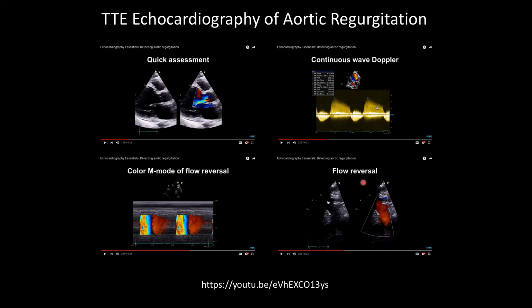If you then go up to the descending aorta, so this is away from the heart now, we're going around the other side and we're looking at the patient's back, right? So far away from the heart, and you get a velocity profile in the descending aorta. Obviously it goes really fast, meters per second while it's being ejected, and then it should just stop, right? And in people like this, you get this blush of negative velocity of the whole thing moving back towards the heart, depending on how much blood is going back into the heart, right?